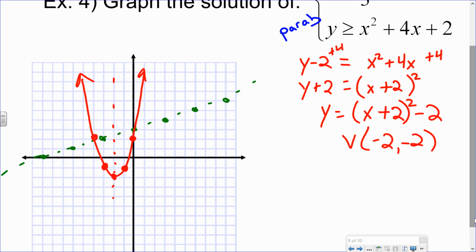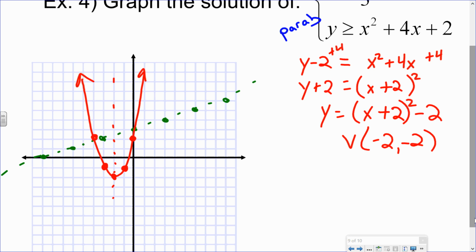So now if I had just the parabola, y is greater than or equal to x squared plus 4x plus 4, how do I decide where I shade for just the parabola? I want you to think about the y coordinates as your up and down, because it's going to be above the parabola.